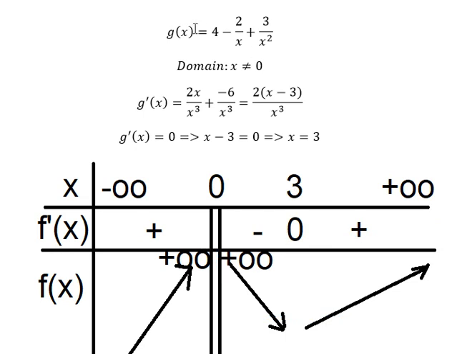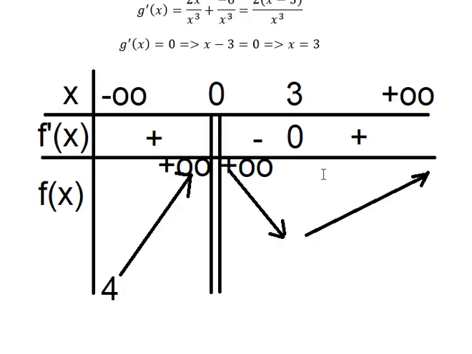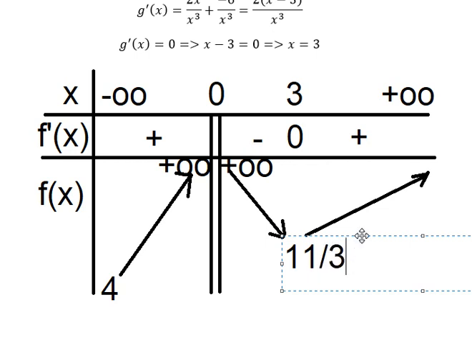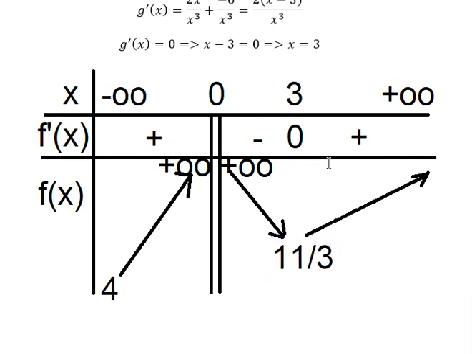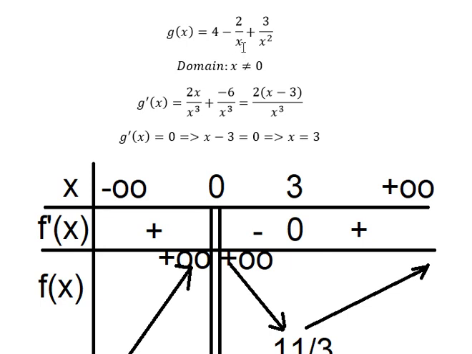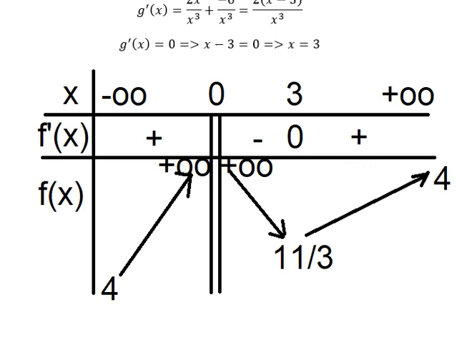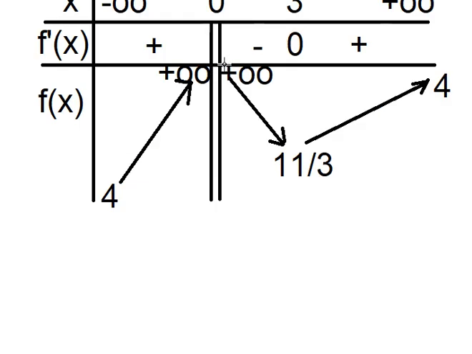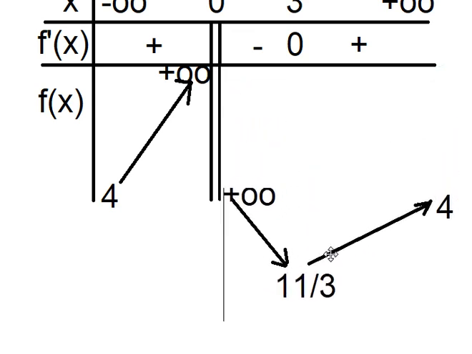We put 3 into f of x, and you get 11 over 3. Next, if we go to positive infinity in here, then we go to 0 in here, so we get 4. After we analyze, we can arrange this one in here.